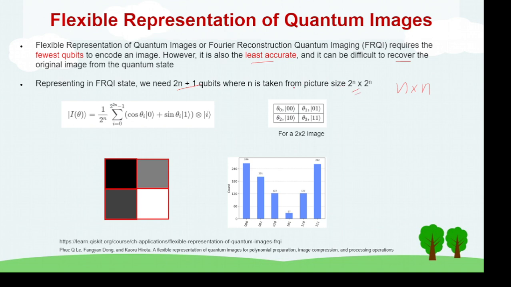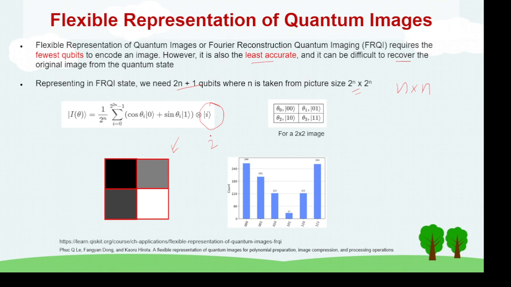By this method, if we are able to encode, then the state of the set of qubits will be represented by this equation. So what are the terms here? You have qubits, which give all the possible combinations for the given number of qubits. For example, if we use a 2 by 2 image like this, how many qubits are there?